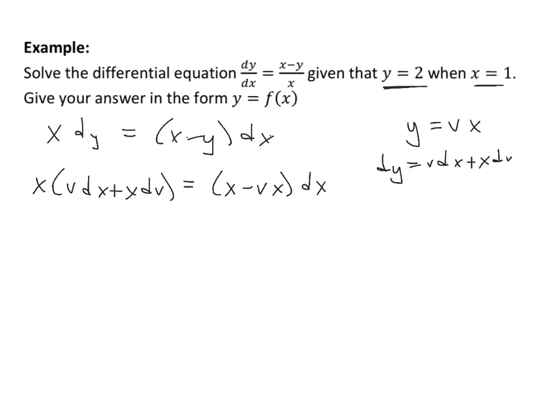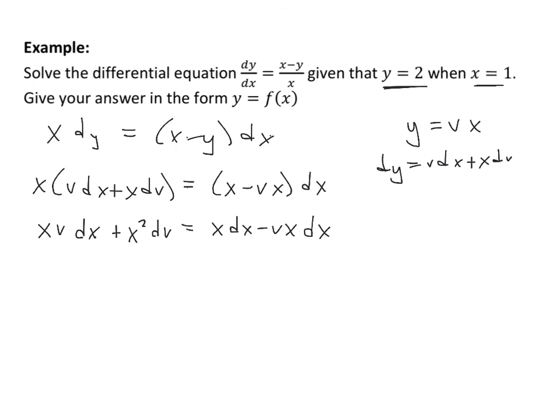Our next step we had mentioned was this idea of distributing everything through this. So we'll wind up with xv dx plus x squared dv equals x dx minus vx dx. And the next step that we discussed was this idea of getting all of the dx's to one side and all the dv's to the other.